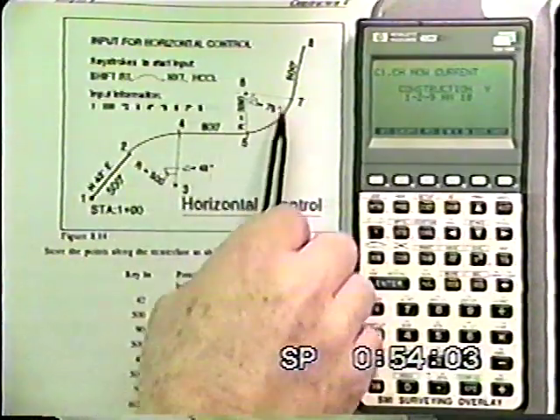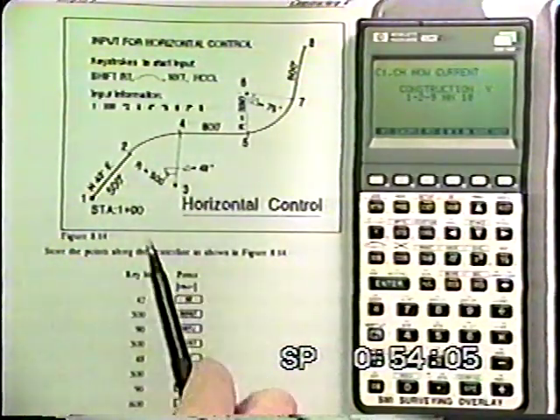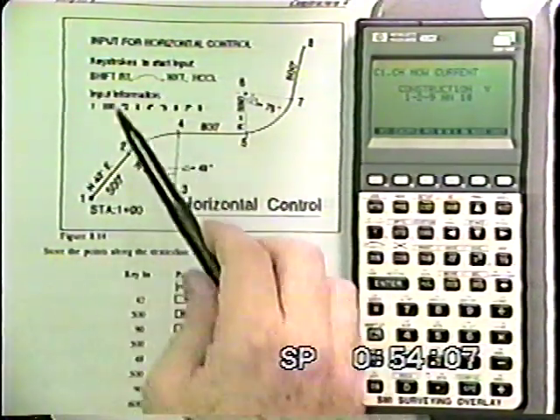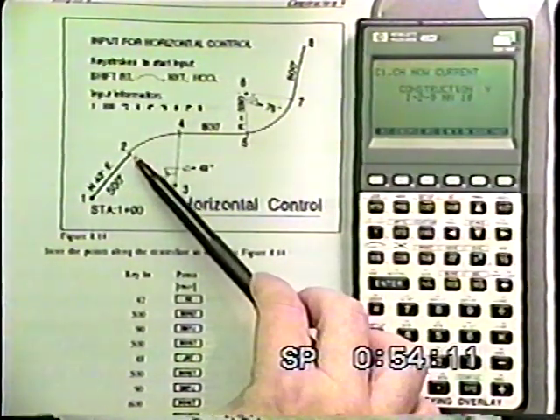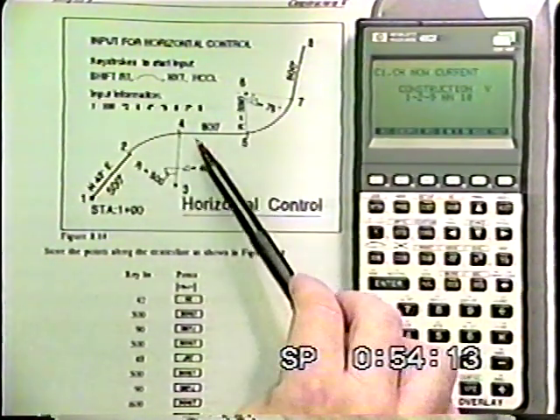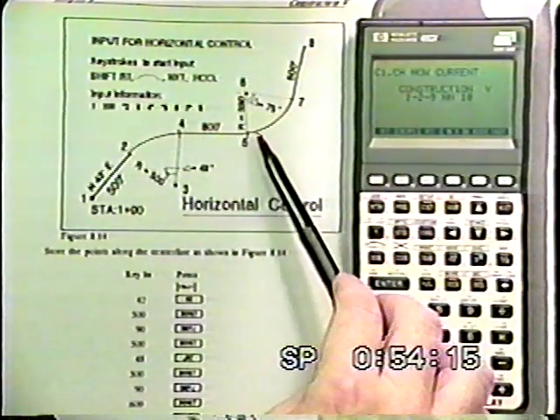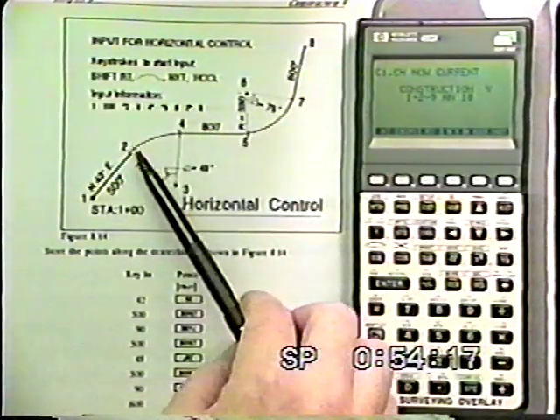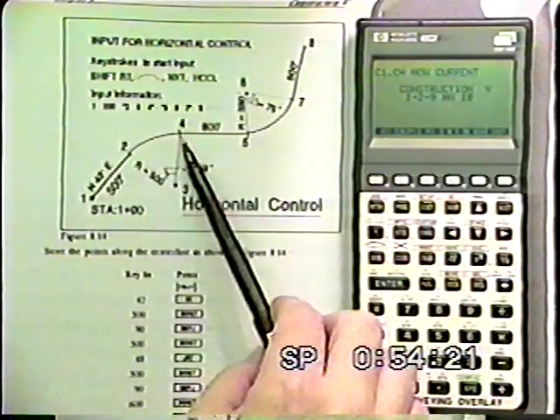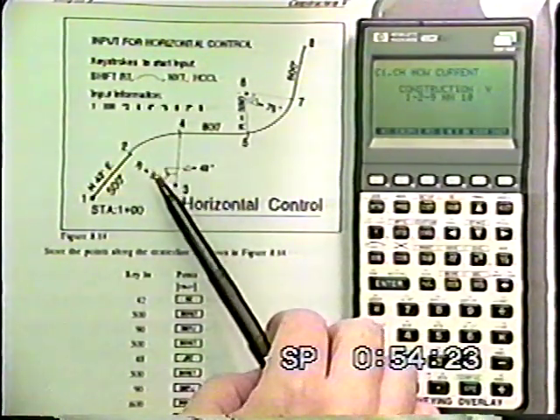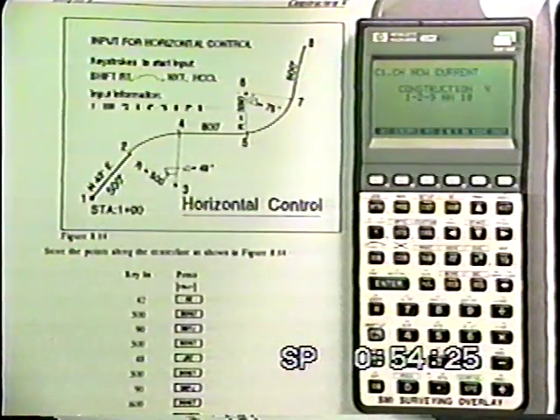This can be a baseline, as you've seen in the other example, as well as a road center line. And this road center line can be comprised of tangents, simple curves, such as this, tangent, simple curve, tangent, or you can enter a spiral in this area if you have spirals rather than a simple curve.